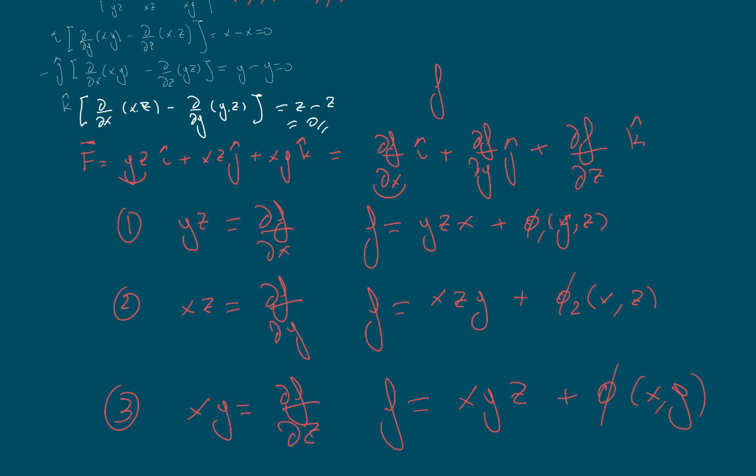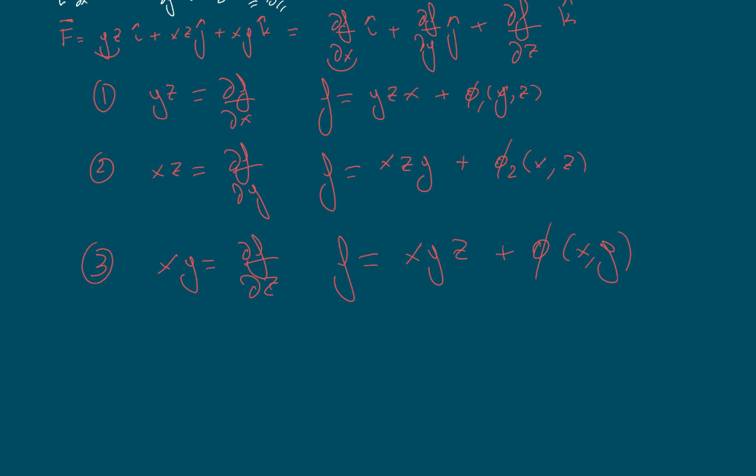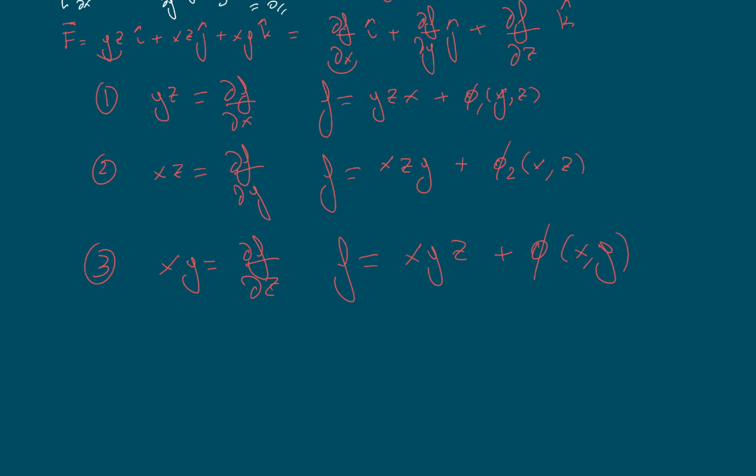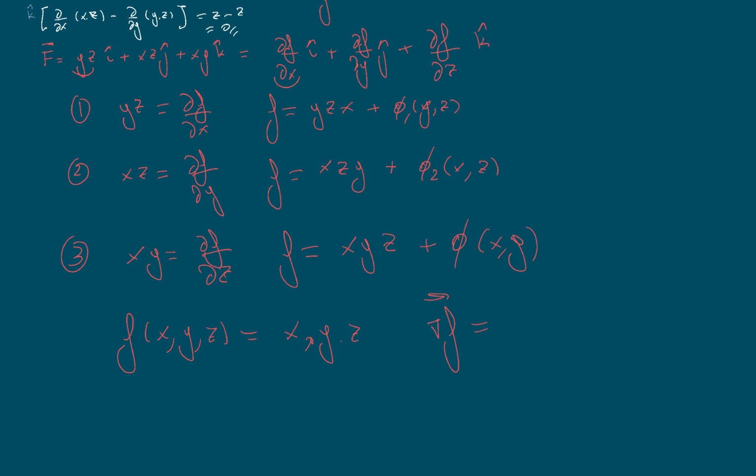Let's try. So we say f of x, y, c is x multiplied by y multiplied by c, and the gradient of f should be the vector field. So what is the derivative of f with respect to x? It's yc, i.